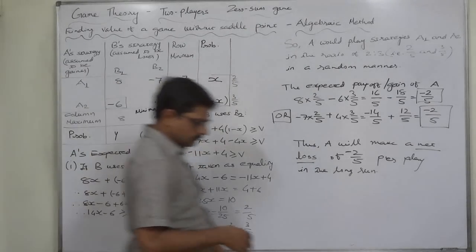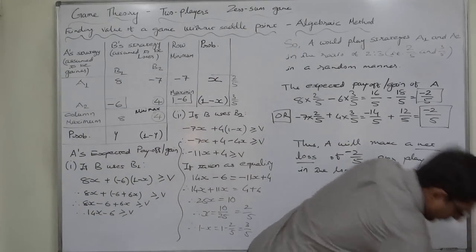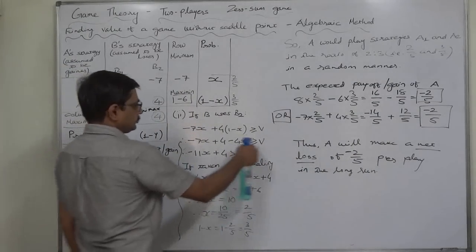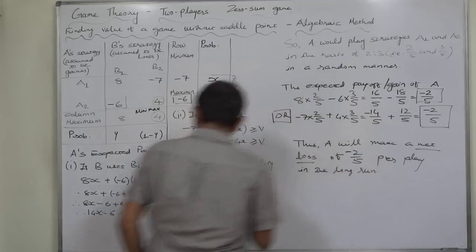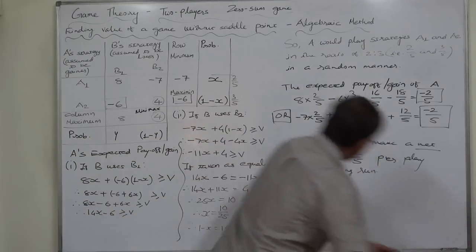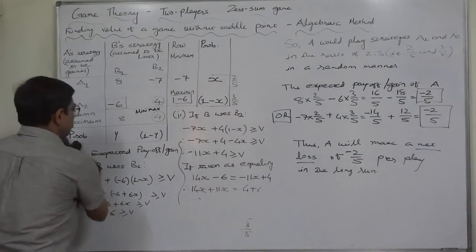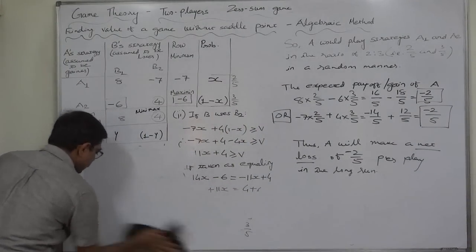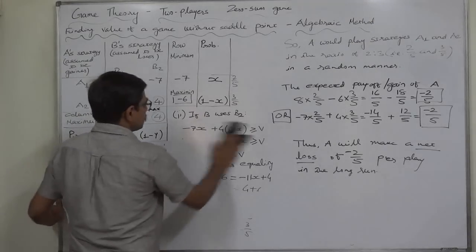Now let's take B's point of view. More or less it is similar. I can say that it is a revision of the whole thing. So you can understand the whole thing at the end of the solution.